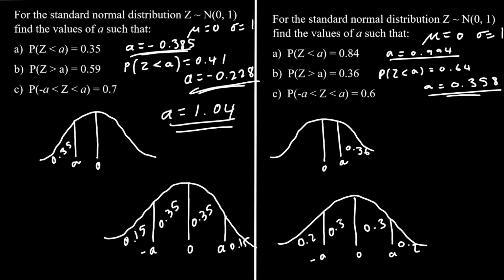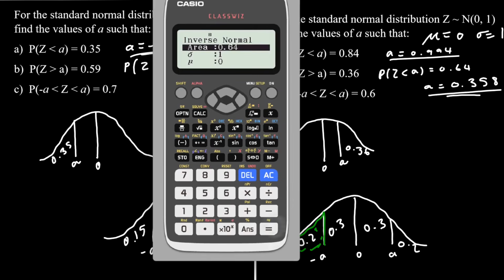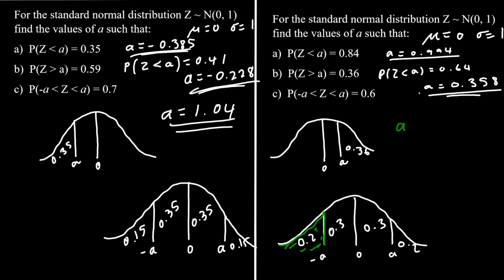So we're going to use 0.2 as our area, and that will find us the value of negative A. So 0.2, again, the mean and standard deviation are not going to change. It's the standard normal. Mean is 0, standard deviation is 1. We get negative 0.842. So A is 0.842.